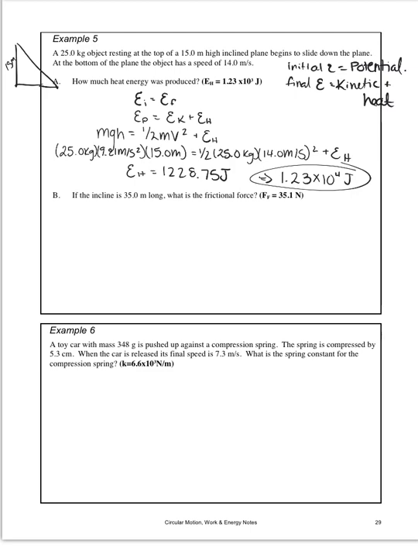If this incline is 35 meters long, what is the frictional force? So we know the energy lost to heat along those 35 meters. Remember that work is equal to the change in energy. So force times distance is equal to the energy here from friction or heat, whatever you'd like to call it there.